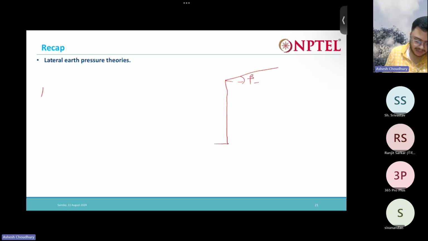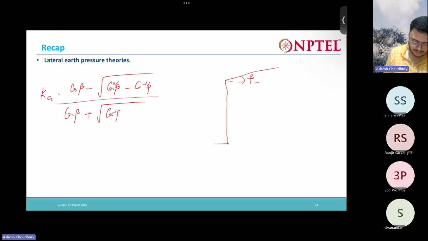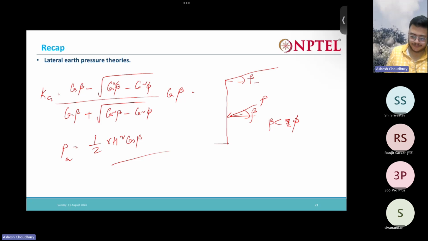If the backfill is inclined, then Ka is cos beta times cos beta minus the square root of cos square beta minus cos square phi, over cos beta plus the same root.